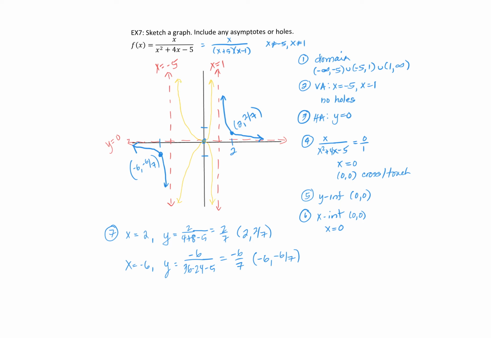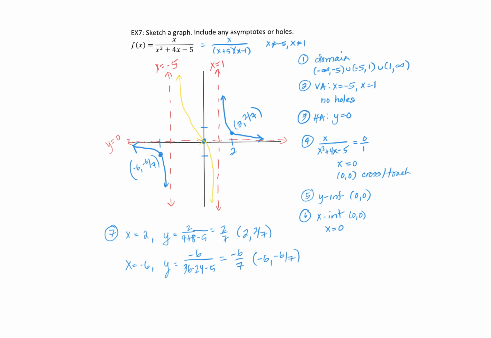Or we could start high. Let me get rid of this stuff. We could start high and then, hey, how come I can't erase? I lied. Okay, we could start high and then pass through our cross touch and go low.